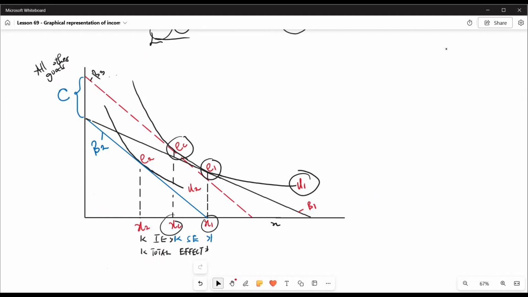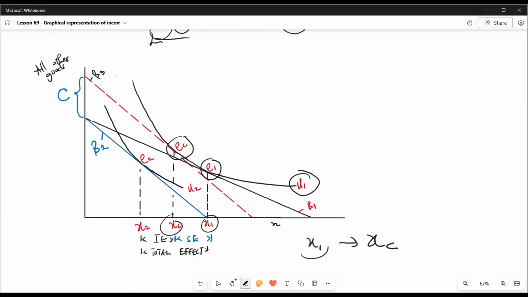So this shows a decrease in the demand for good X from X1 to XC. And this decrease is because the substitution effect is always negative. Always negative simply means that when the price of the good increases, substitution effect always says buy less of the good. And when the price of the good decreases, substitution effect says buy more of the good.